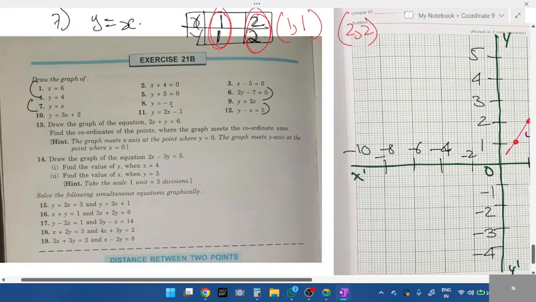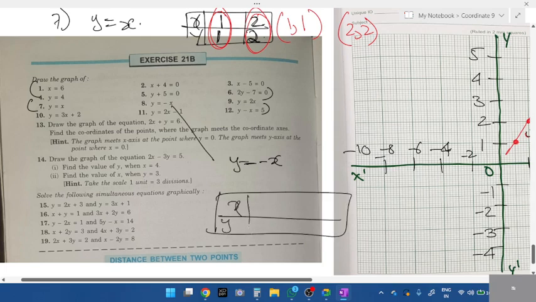Tell me the eighth one. Y is equals to minus x is the equation. Take two values, students, x and y. If I put x is equals to 1, what is the y value if you substitute? All of you respond. Y, what do you get? If I put 1, what will happen to minus?